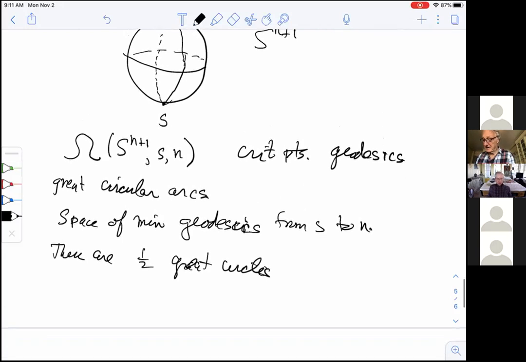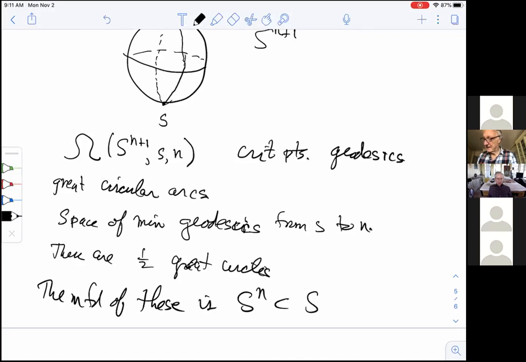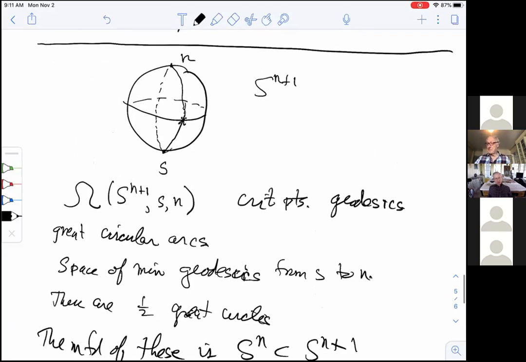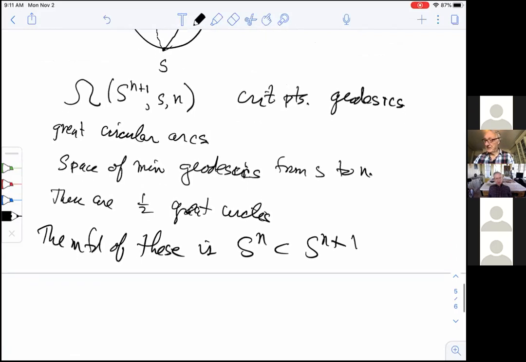They're not isolated. The manifold of these is the equator Sn inside Sn plus 1. Because any half great circle is completely determined by the point in the equator where it crosses the equator, and it does that only once.